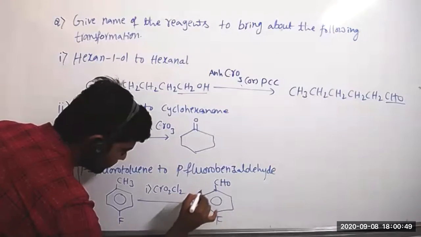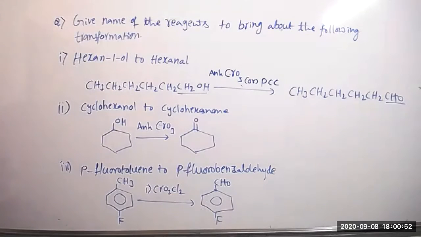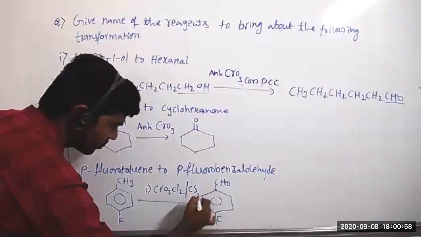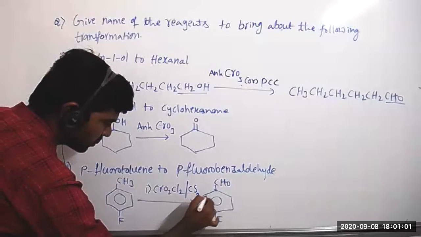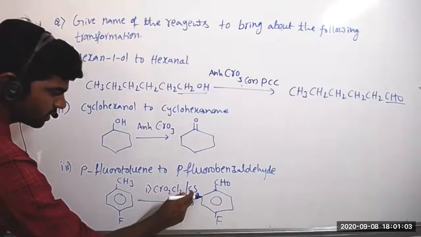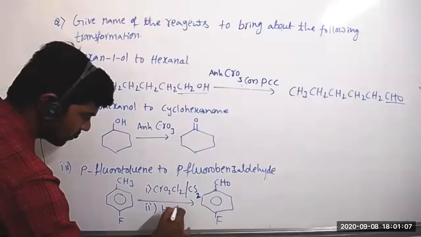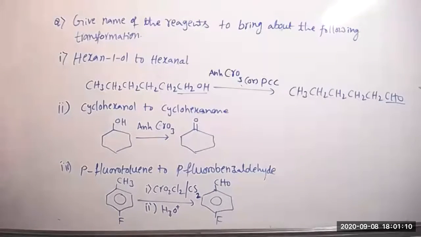CrO2Cl2, chromyl chloride, in CS2, and then the next step is hydrolysis. Another method is using anhydrous CrO3 in acetic anhydride. There are other methods also. You can use any reagent.